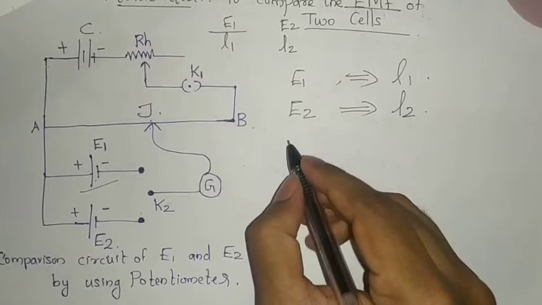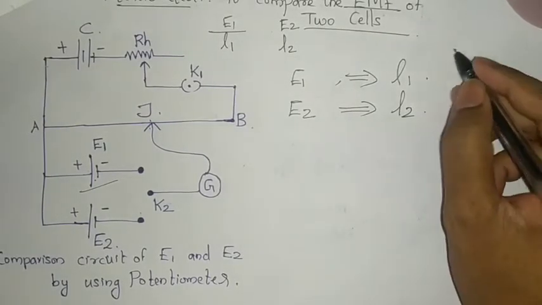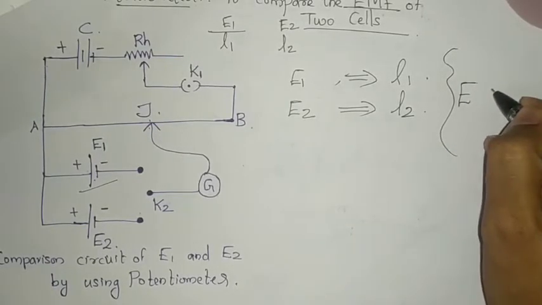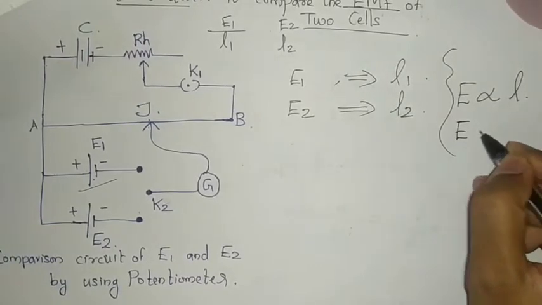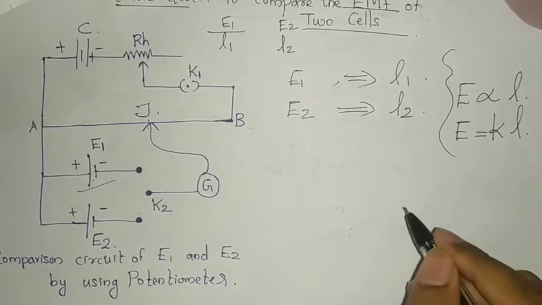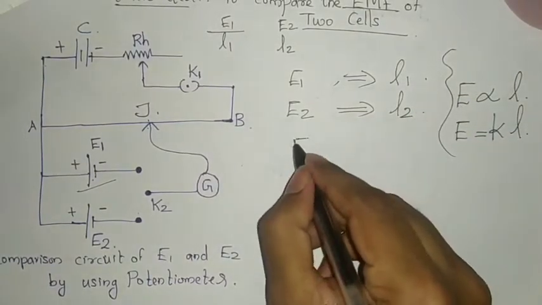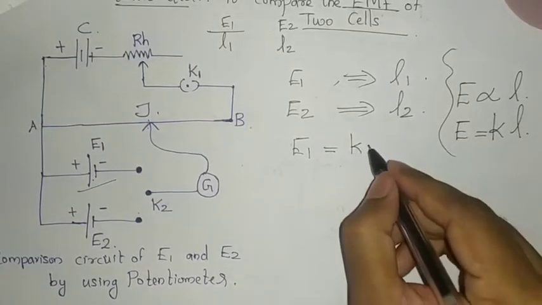According to the principle of potentiometer, which we saw yesterday: what was the principle of potentiometer? EMF E is proportional to the balancing length, otherwise E equals potential gradient K into balancing length L. Here two balancing lengths are there, so you can write E1 equals K into L1, which is equation number 1, and the EMF of the second cell E2 equals K into L2. Potential gradient is always a constant value.